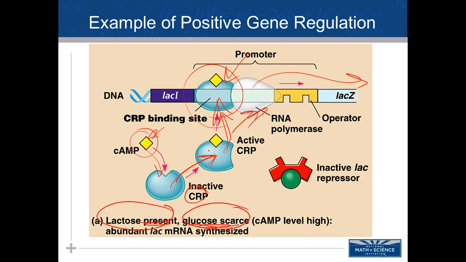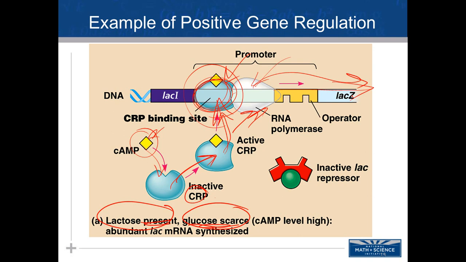When the CRP protein becomes active, it attaches to a region in the promoter region. Now, instead of being inhibitory, it's kind of like a sign that says, "Hey, RNA polymerase, over here," and attracts the RNA polymerase. And so now the RNA polymerase will be attracted to that region, and now transcription will take place.